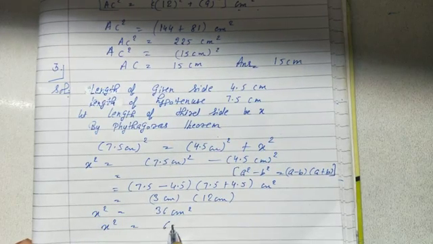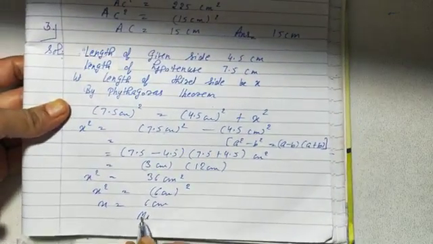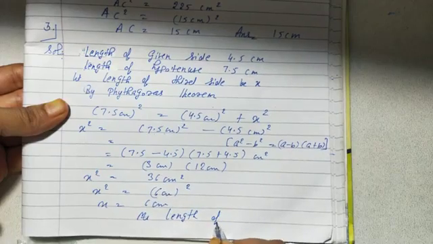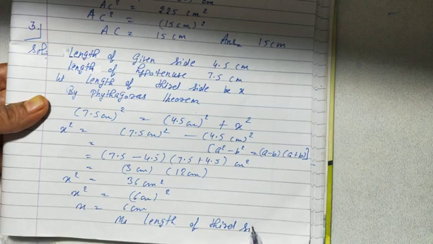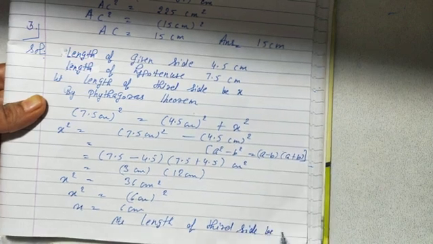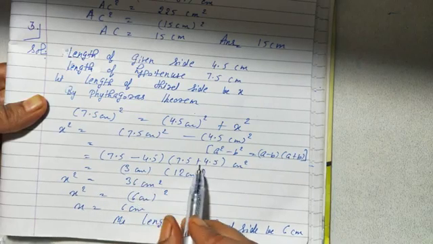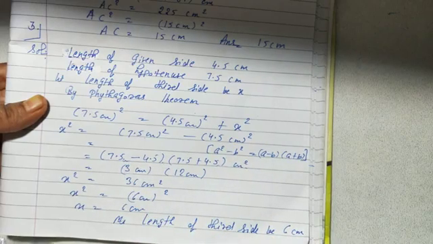It can be written as 6 centimeter whole square, and x will be 6 centimeter, or you can say the length of our required third side will be 6 centimeter. In this step you can take centimeter here also, or put it like this.